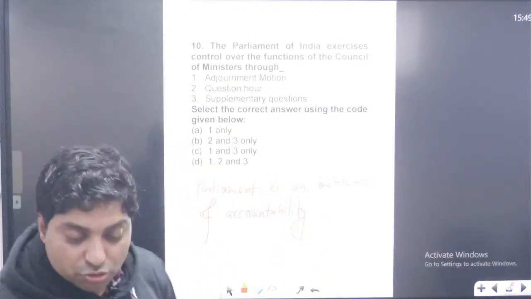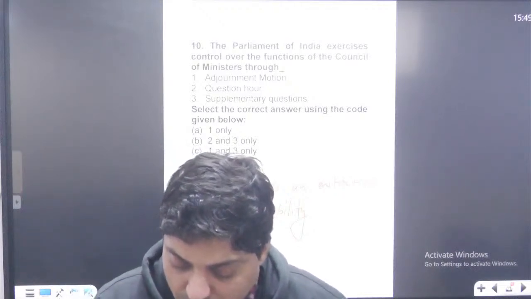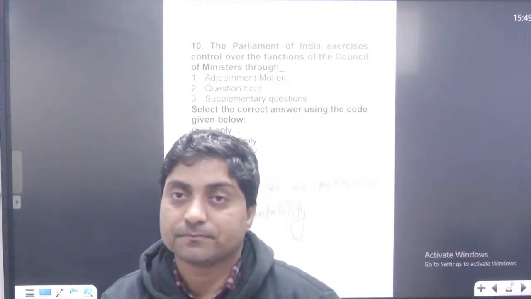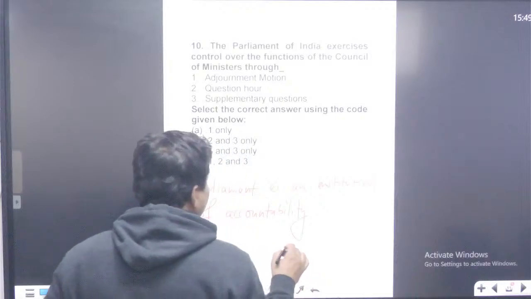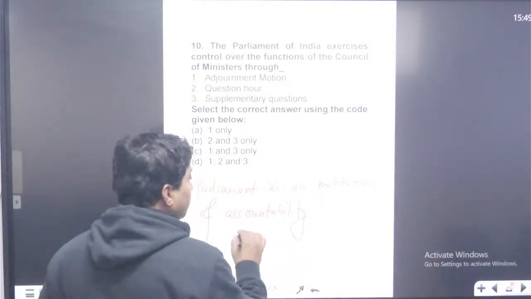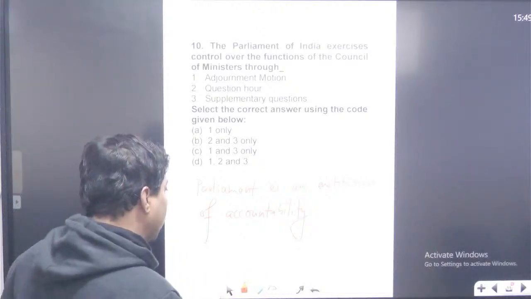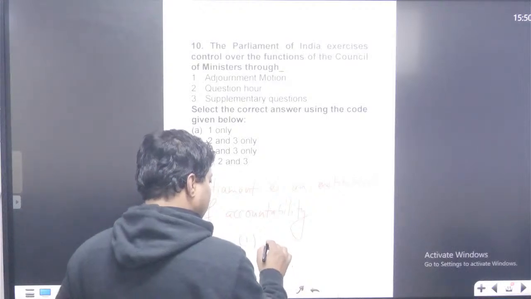Now, how does Parliament ensure accountability of the government? Let me tell you, Parliament ensures accountability through the Parliamentary Committee.